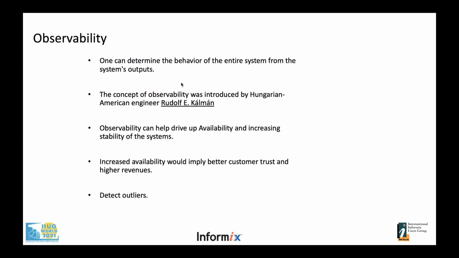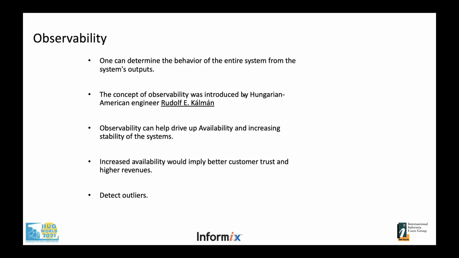This concept was introduced by a Hungarian American engineer named Rudolf E. Kalman. With observability implemented, we can identify the outliers and the patterns, which can help us take actions on those outliers, and which will in turn help in increasing the availability of our systems.